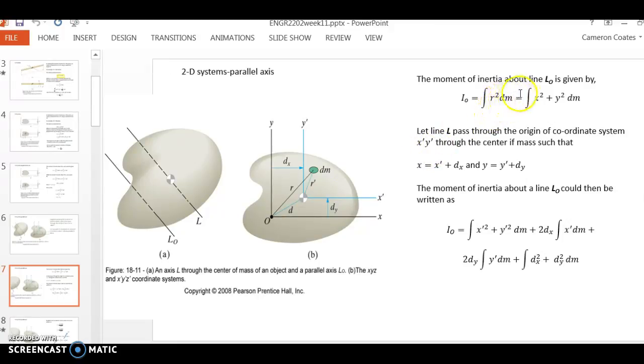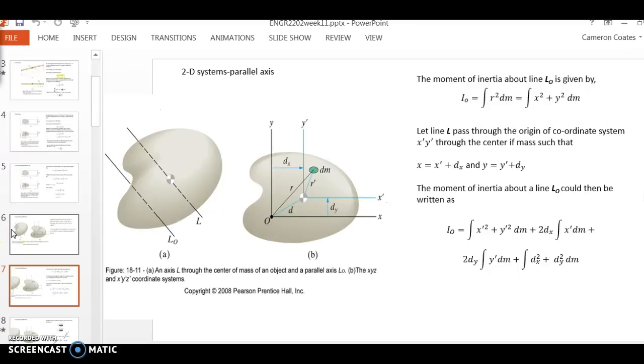So I can say the moment of inertia about line L sub O would be given by the integral of r squared dm. Here's my r, here's my dm element, and remember my L sub O line is coming out of the plane right here.